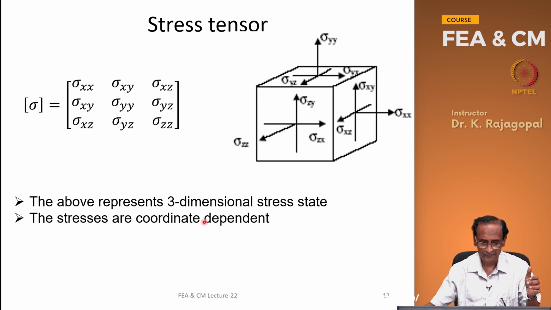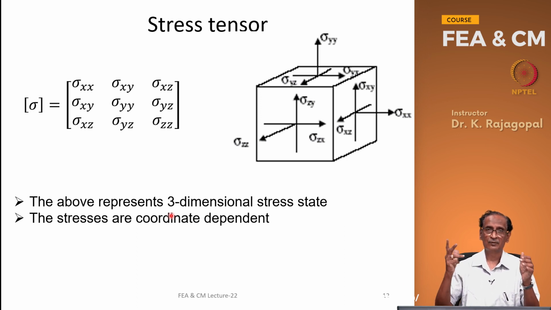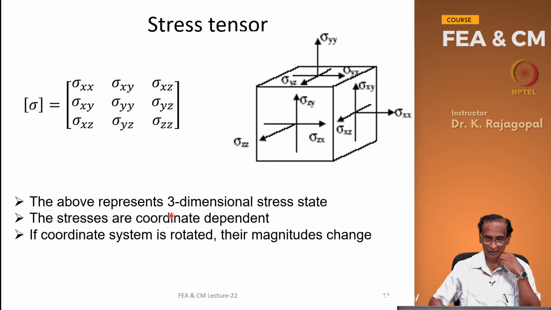So, we write the equations like this, and this is the generalized 3-dimensional stress state, and these stresses are coordinate dependent. So, if I change the coordinate system, the stress magnitudes might change. So, that is why we call it a stress tensor. It is not a stress matrix, but it is a stress tensor, because the tensor quantity depends on the coordinates. If you rotate the coordinate system, your stresses also will change.